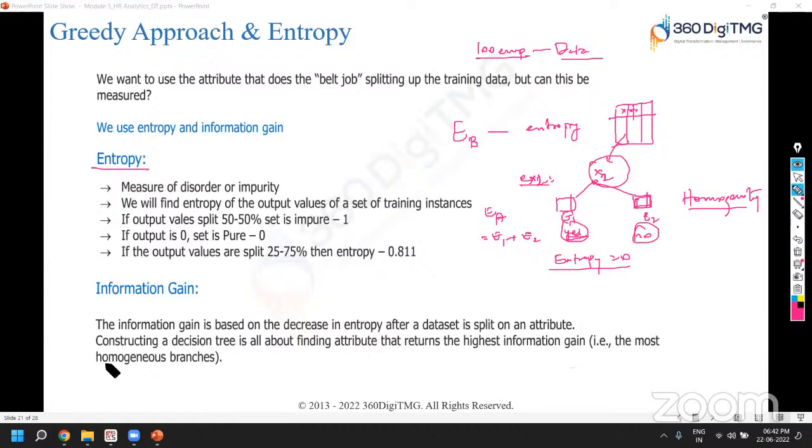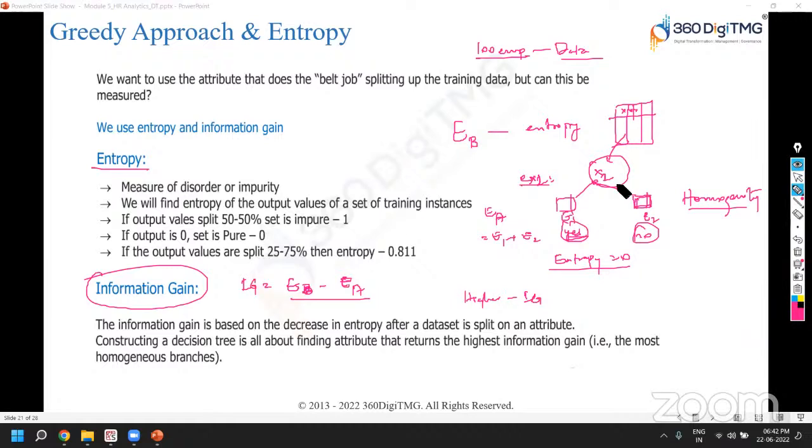Now, here we have a calculation called information gain, which is nothing but the difference between the entropy on your entire data set, which we call entropy before, minus entropy after, E of A. This gives us the information gain, and the higher the information gain, the better the partition, because E of B, the entropy before the partition, will remain constant.